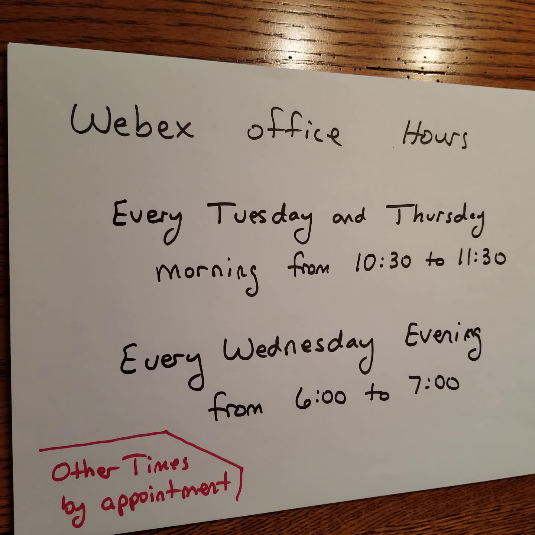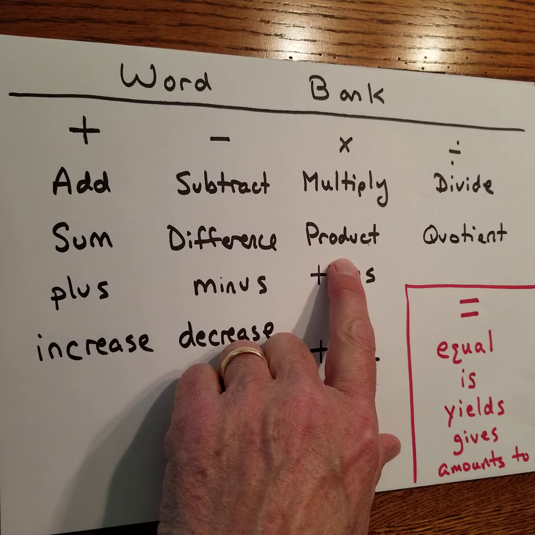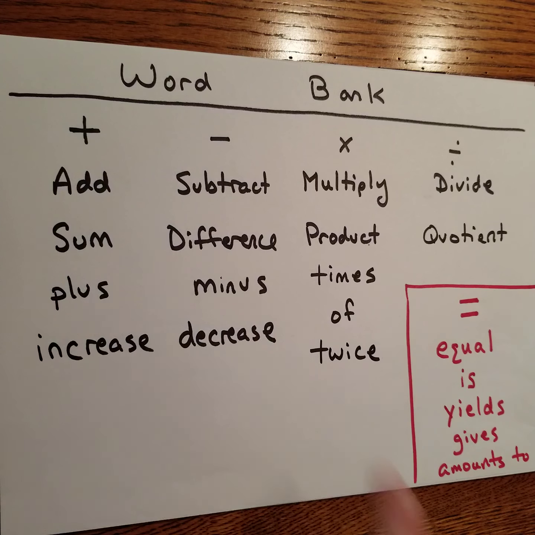All right, students. In this video, we'll continue our work on translating and solving word problems. Let's stay sharp on our list of words that go with different symbols. Keep an eye on the words product, which means multiply.